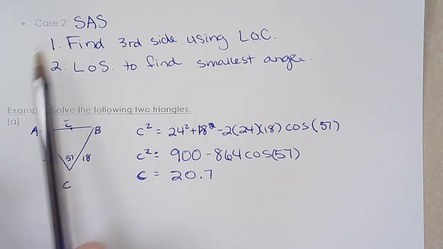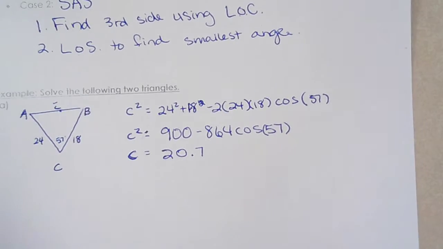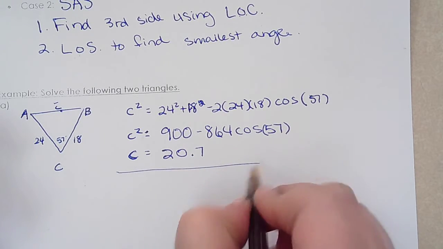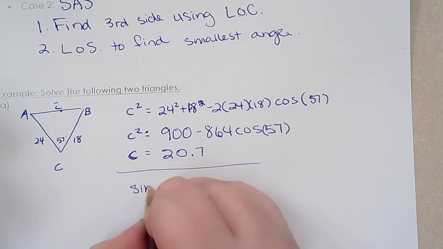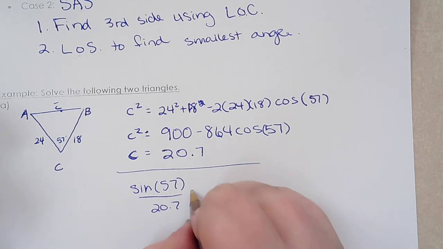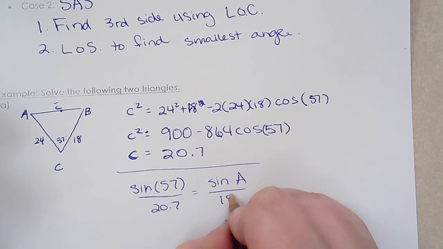All right, I now have this. Once I found the third side using law of cosines, I can use law of sines again to find everything else. So I'm going to do that, draw a little line here. I set up my true pair of sine 57 over 20.7 and say it's equal to sine of A over 18.